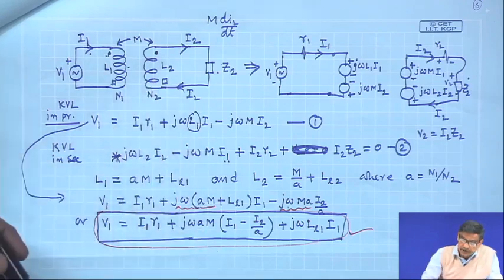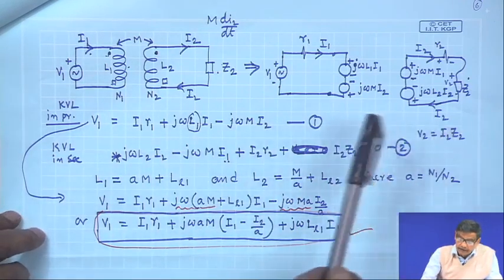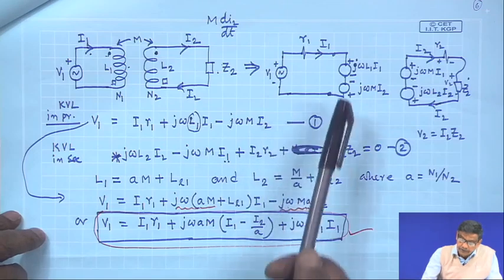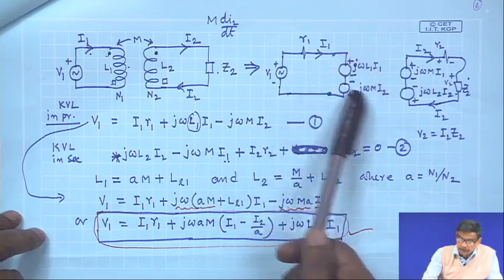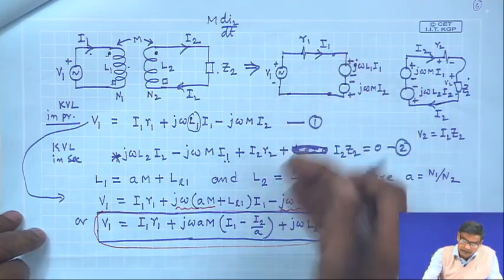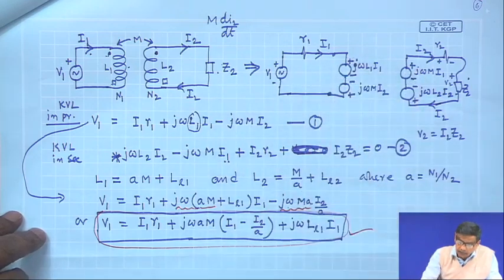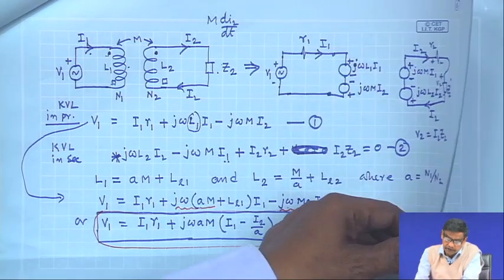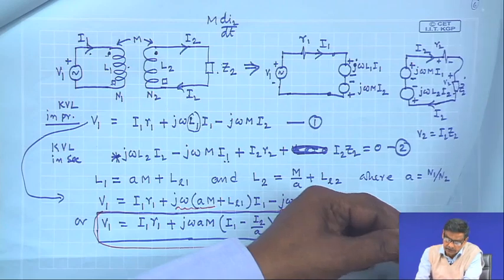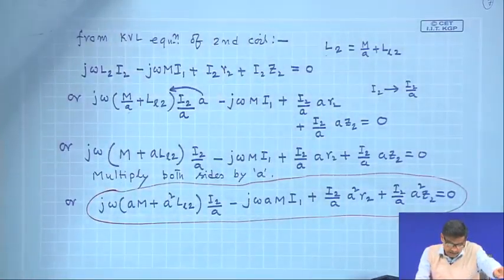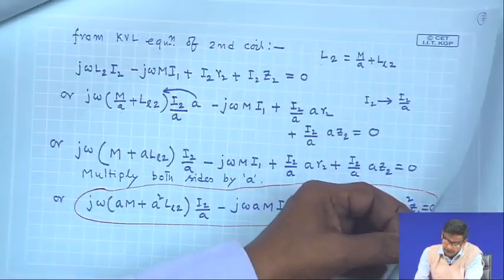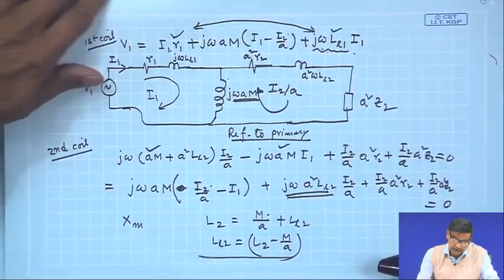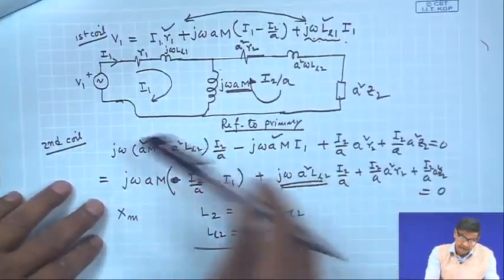Knowing those dots, I will be correctly writing the KVL equations with appropriate polarities of these voltages. Students often make confusion, but I hope you practice it, so that there will be no problem at all. And finally, we found out the equivalent circuit like this here.